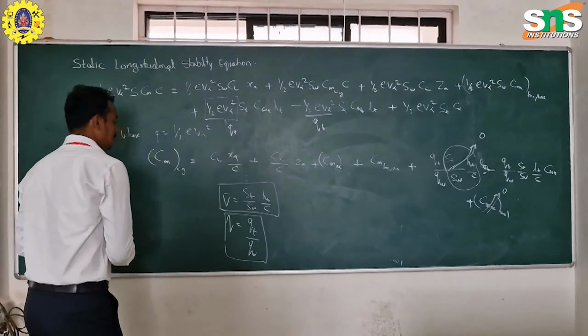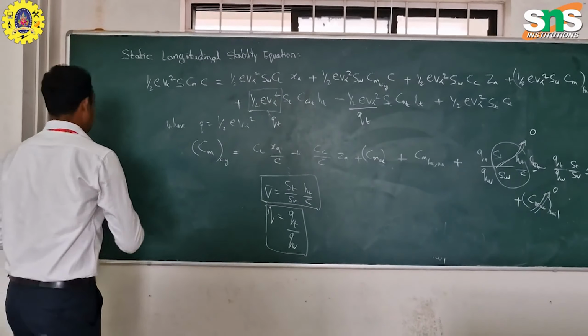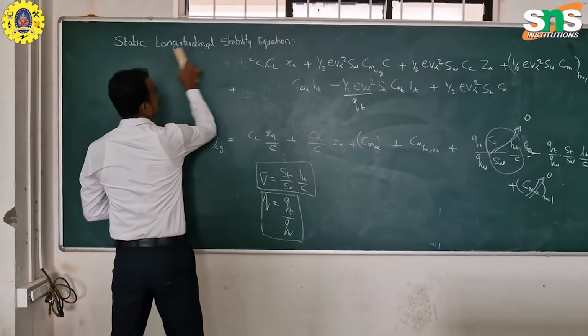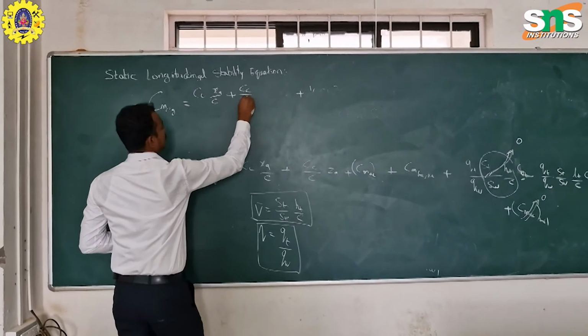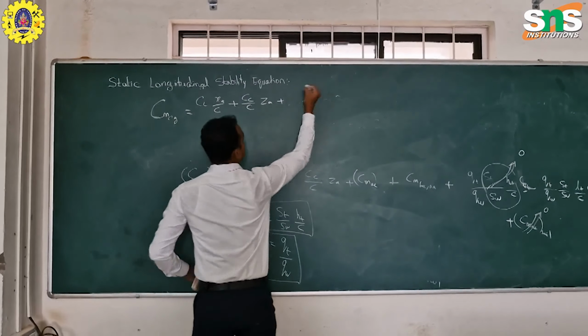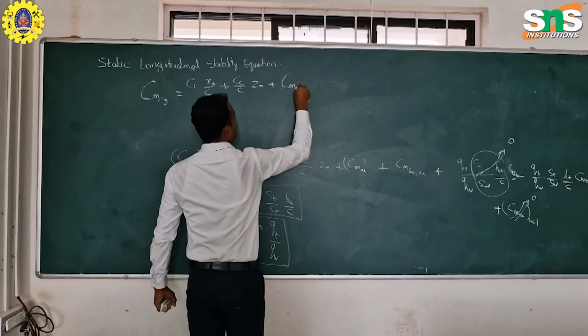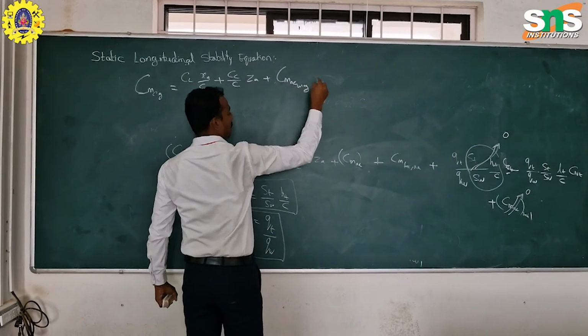So finally we are getting the CMCG equation, that is in terms of CMCG. Coefficient of moment at CG equilibrium condition, that is CL by XCA by C plus CC by C ZA plus CM aerodynamic center wing, right?